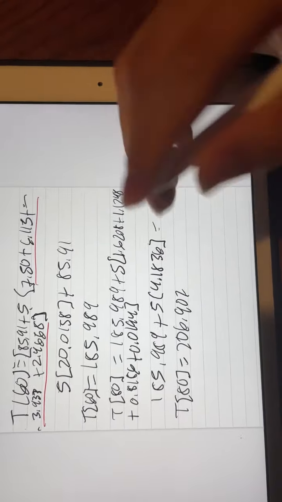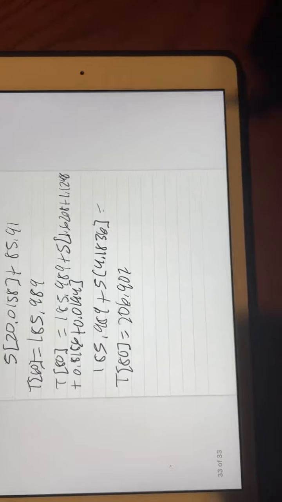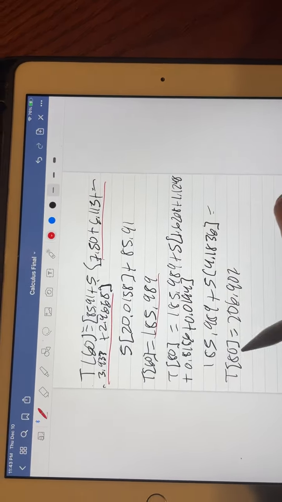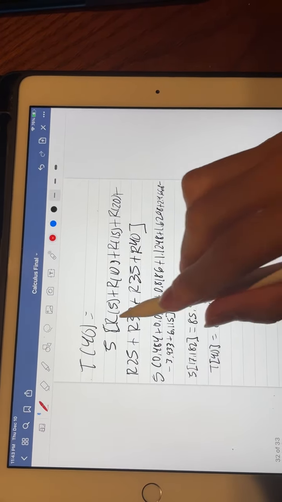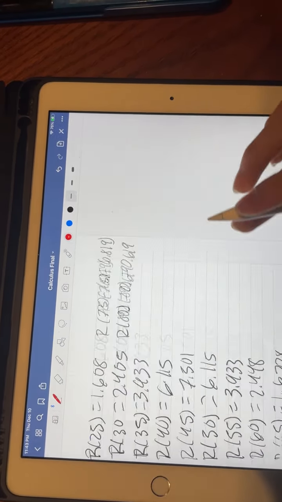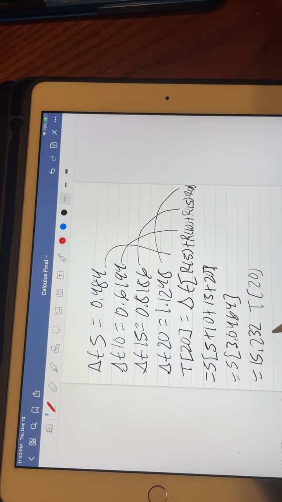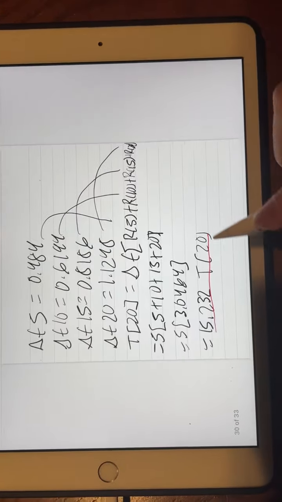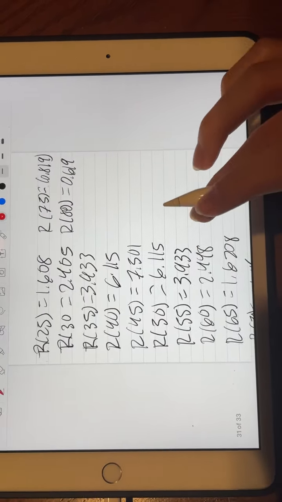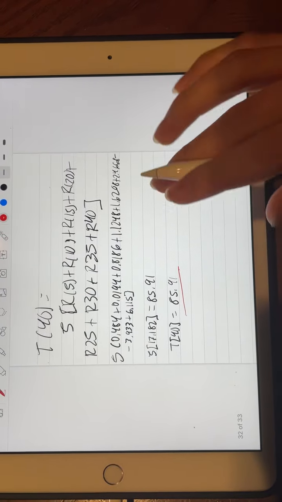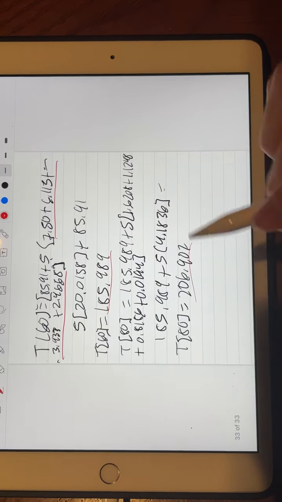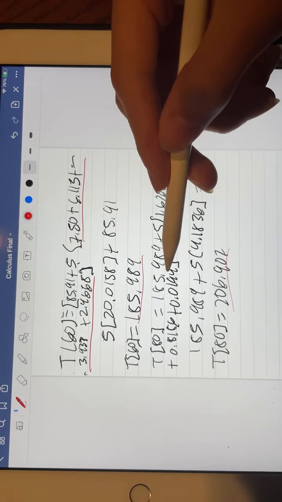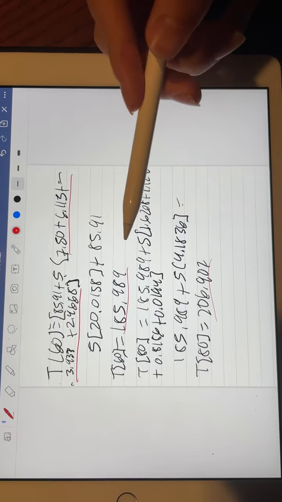All right. So this is our answer for 80. This is our answer for 60. Answer for 40, which will be this. And our answer for 20. So just a quick recap. This is 20. This is 40. This is 60 and 80. All I did was shorten the substitution, because I just took this and added all the ones that we didn't have. And then from that, we got this one.